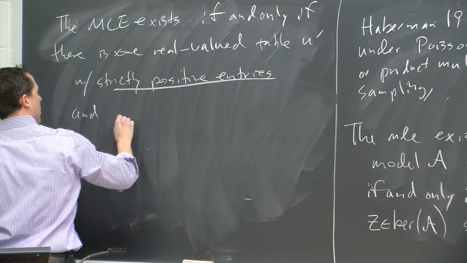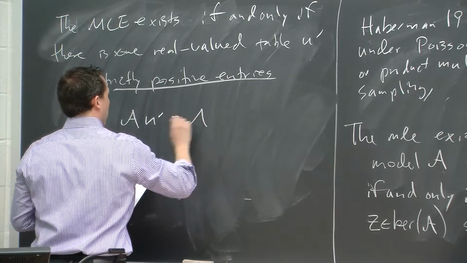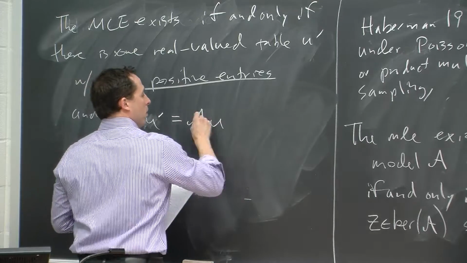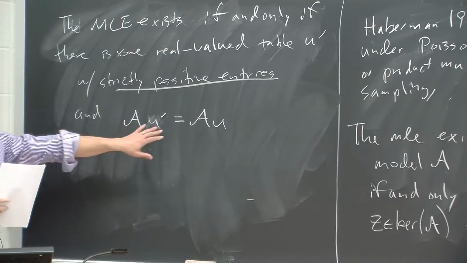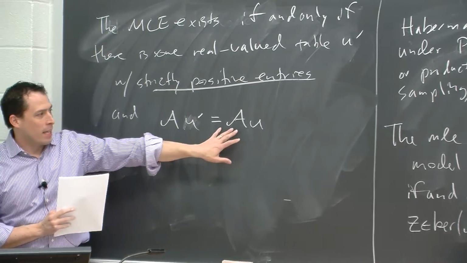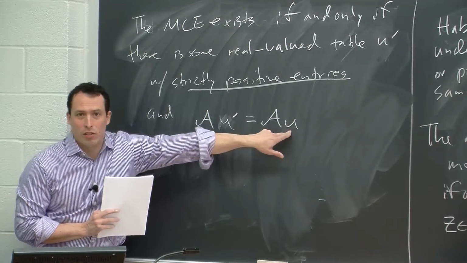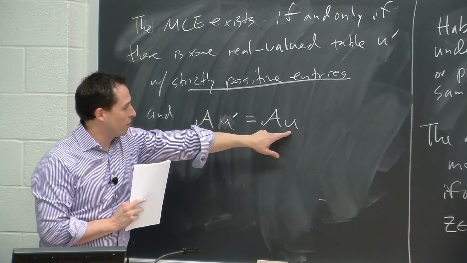And from the point of view of A, from the point of view of my model, it doesn't matter which table I use. So what I'm saying is, I take an experimental result which has structural zeros.